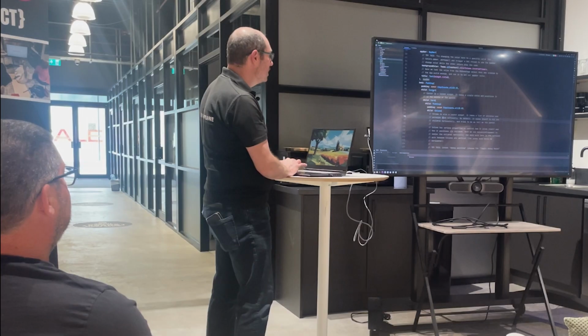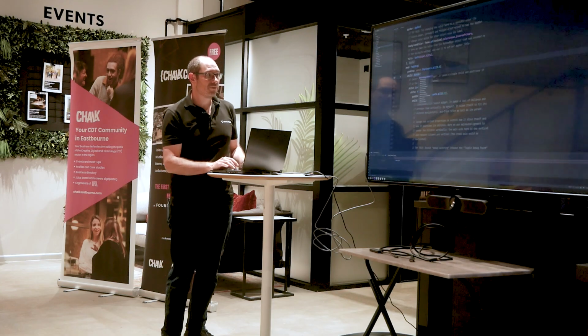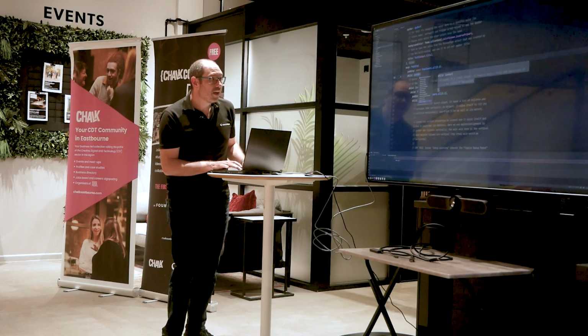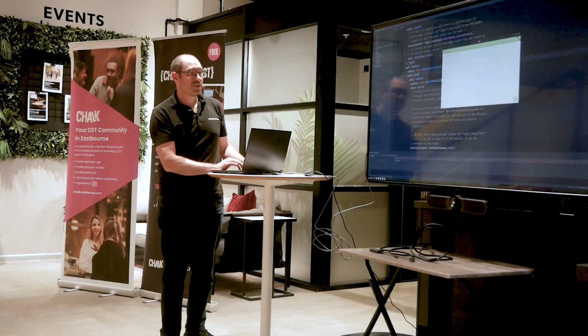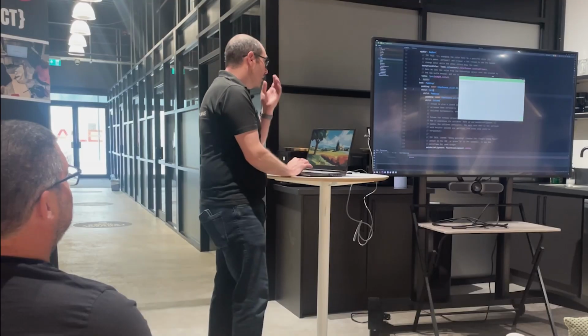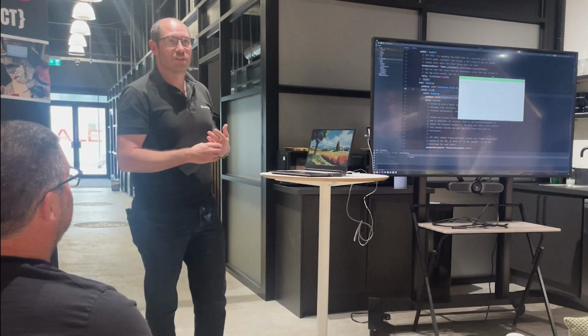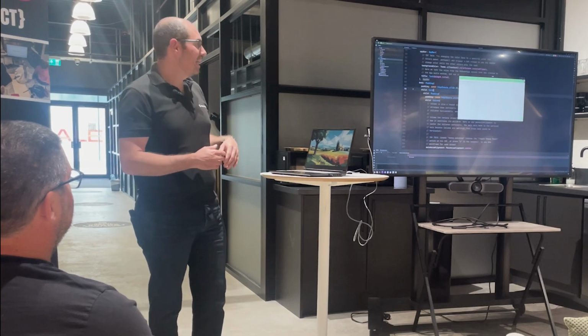So if I ditch the center, then it will probably move off to the top left or something like that. So if I remove that, save that, it moves to the top left. So you can see how quick it is to develop your UI layout.